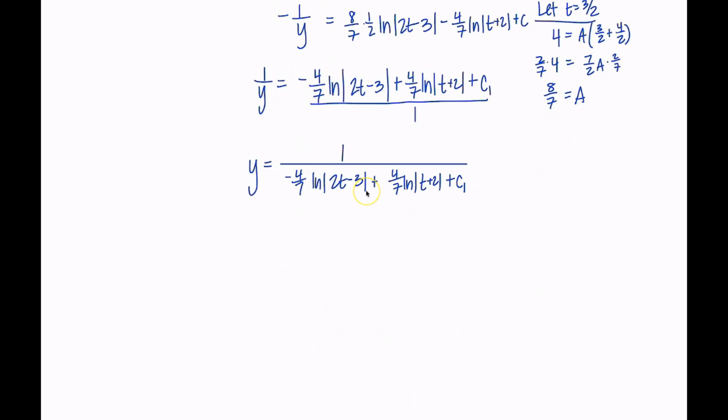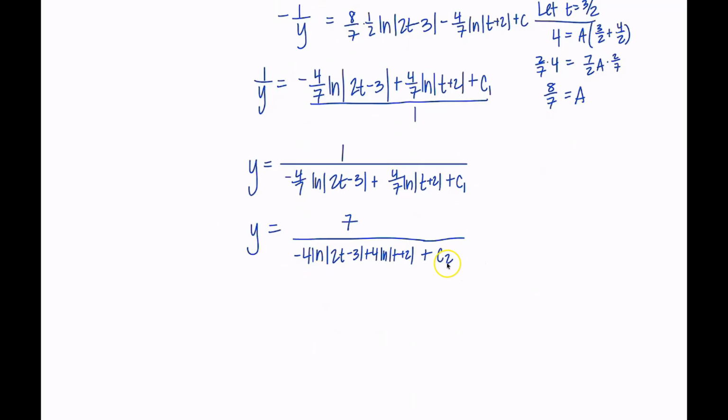We can multiply the top and bottom by 7 so that we don't have the 4/7 in front. So we can say y equals 7 over negative 4 natural log of 2t minus 3 plus 4 natural log t plus 2, plus some c2, right?